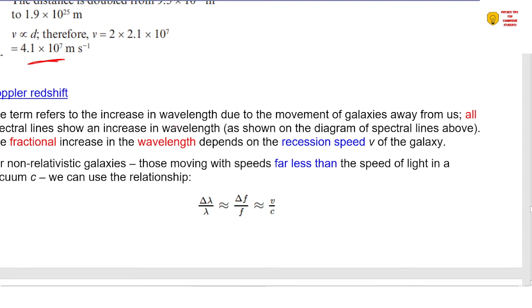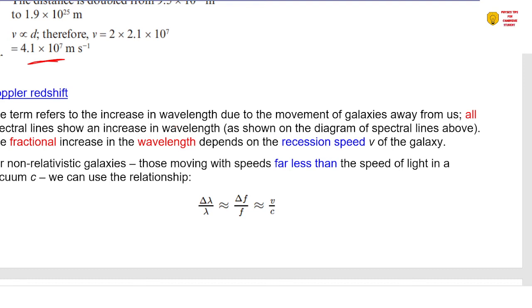The term refers to the increase in the wavelength due to the movement of the galaxies away from us. All the spectral lines show an increase in the wavelength, as shown on the diagram of the spectral lines that I've shown you. So the fractional increase in the wavelength depends on the recession speed, v, of the galaxy.